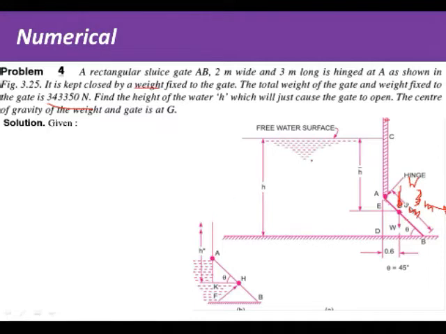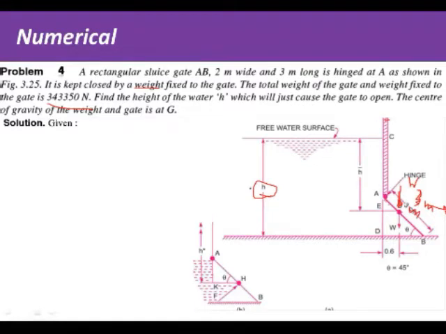Basically we are supposed to find out what is the height H of water which we can fill in the dam, the maximum water level, such that the gate will just open, or will be just about to open.